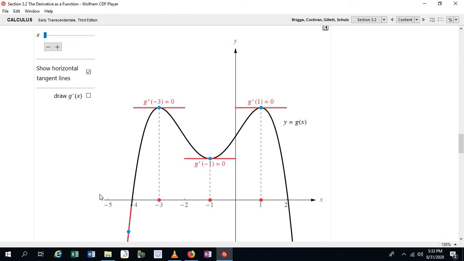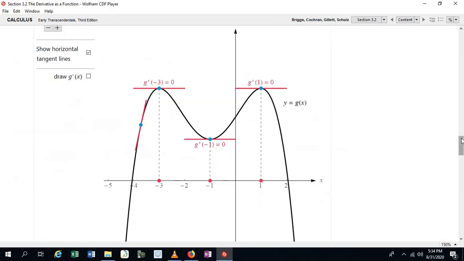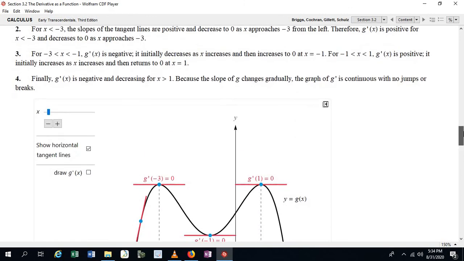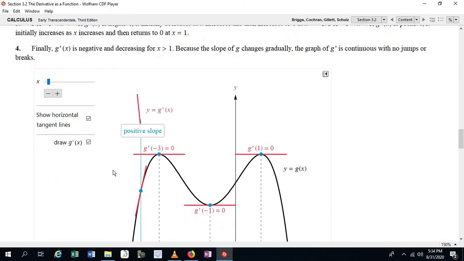Okay, now let's try to fill in the rest of this. Let's look at some x values below -3 and see what the slopes of the tangent lines look like. Initially, look at the slope of the tangent line over here. It looks to be very positive. But as you continue on, I think you can see that it becomes less positive. We're going to draw the derivative here. G prime is in red.